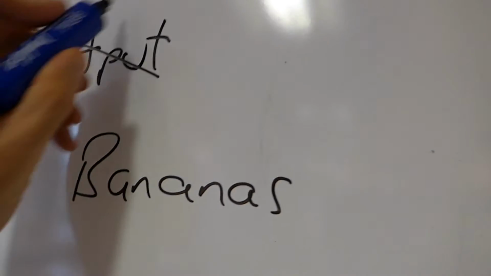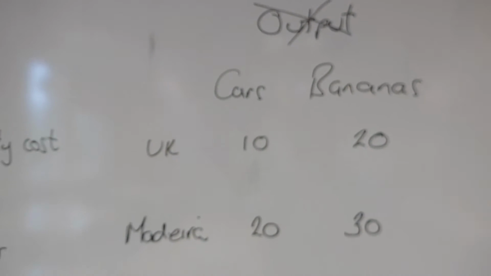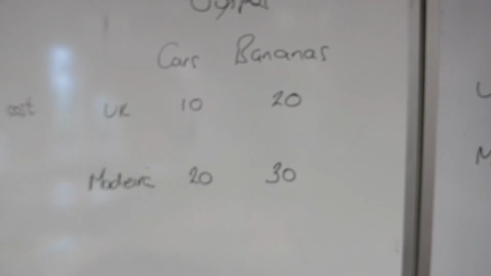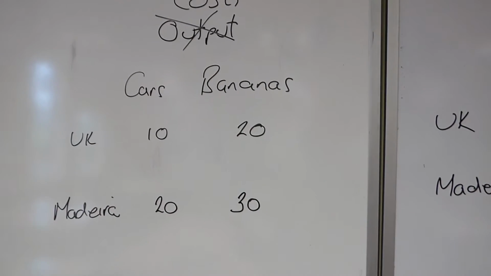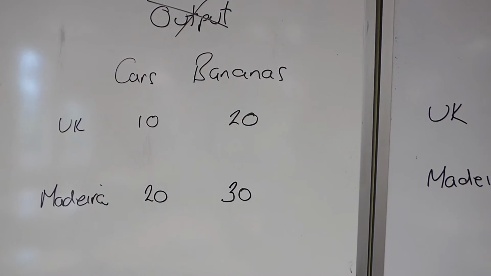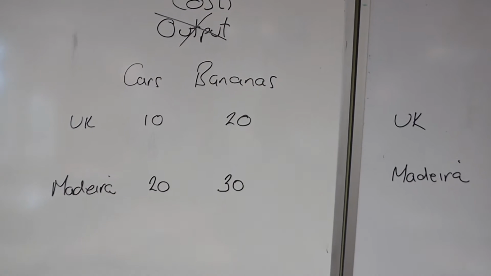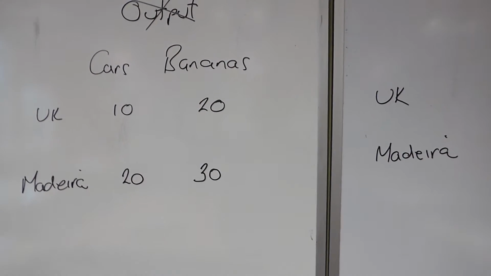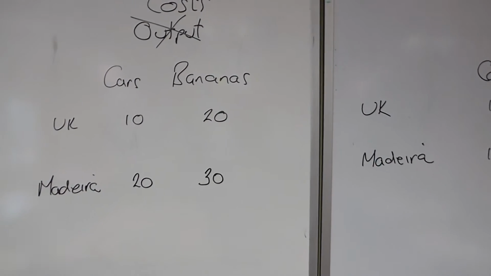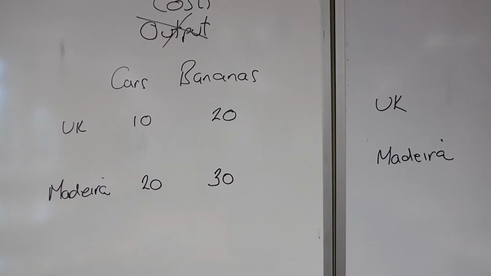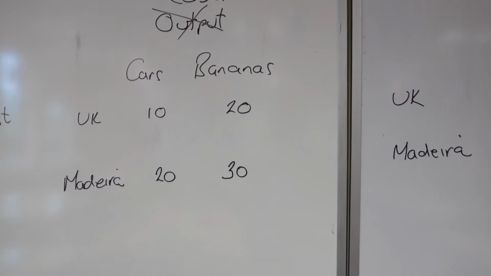If that didn't say output, if rather it said costs, then obviously that would impact on your relative absolute advantages, because now to produce a car in the UK, that would be cost per unit, by the way, it costs 10, let's say for international comparison purposes, US dollars, 10 US dollars in the UK, 20 in Madeira.